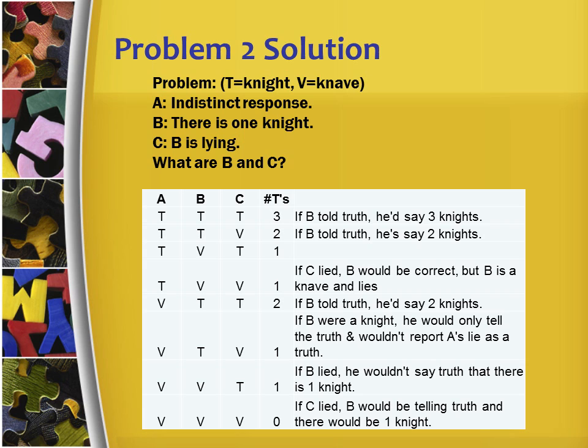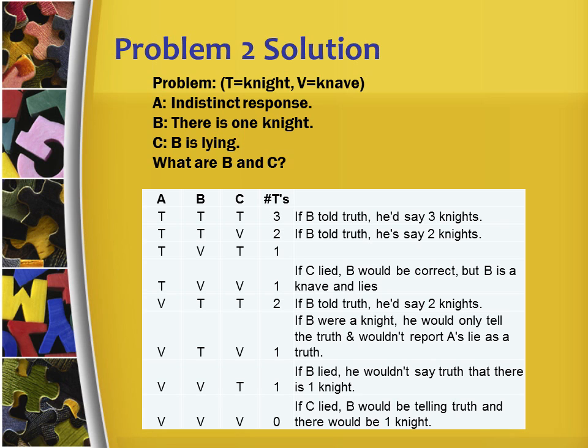Okay, so we just finished looking at B, and now let's look at what C said. C says that B is lying. So let's take a look at the fourth row with TVV. C in the fourth row with TVV is a knave.